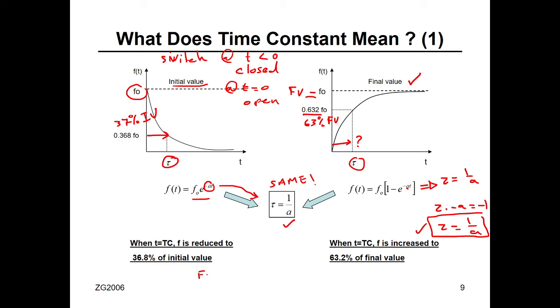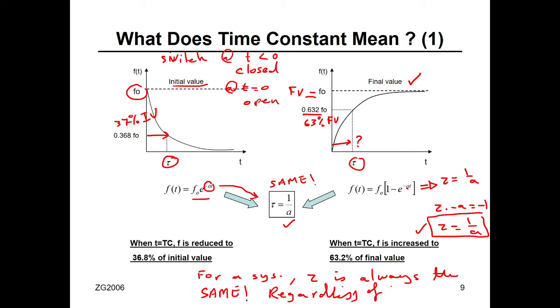For a system, tau is always the same, regardless of initial conditions or input. That means it does not depend on them. Tau is independent of the input or initial conditions.